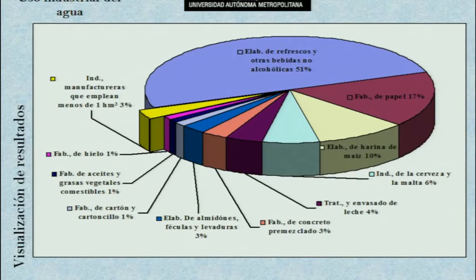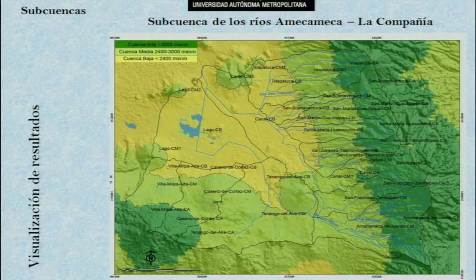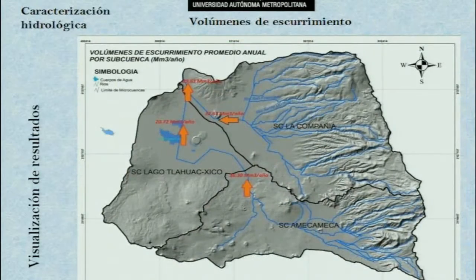We have information at the level of sub-specific basin. This is an example of the basin of the Amecameca and the Compañía River, and an estimate of some flows to estimate the storage dams, or know where flows are coming from and what quantity there is.